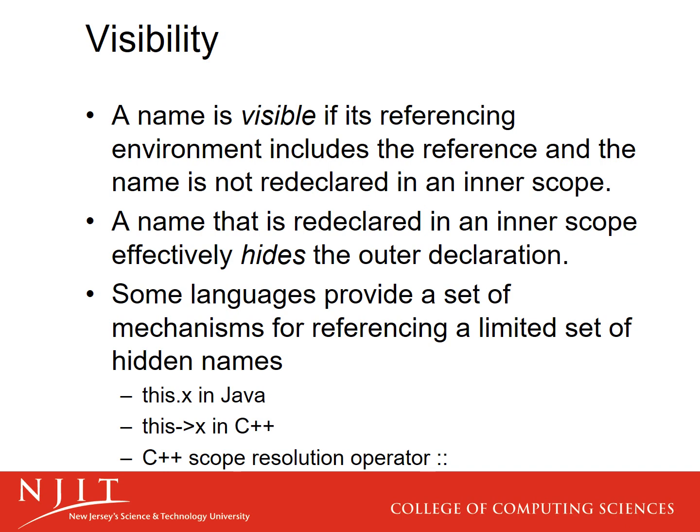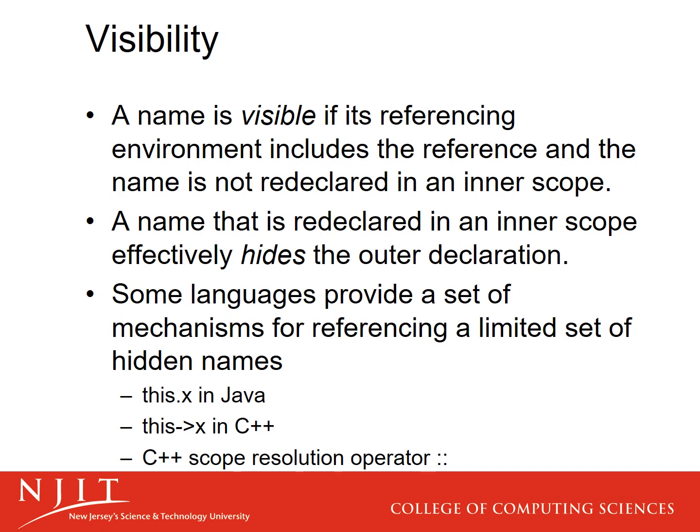The next thing I want to talk about is visibility. The visibility of a variable talks about how you can get at variables, what variables you can see. A name is visible if it's in the referencing environment and it's not redeclared.